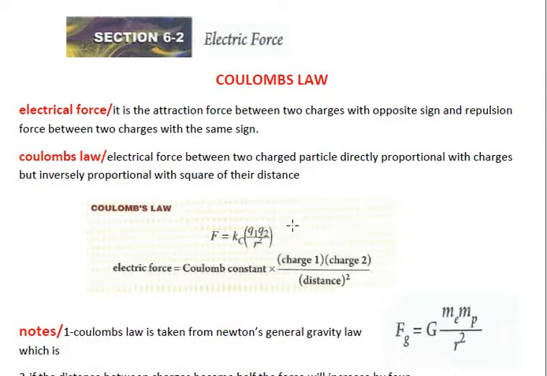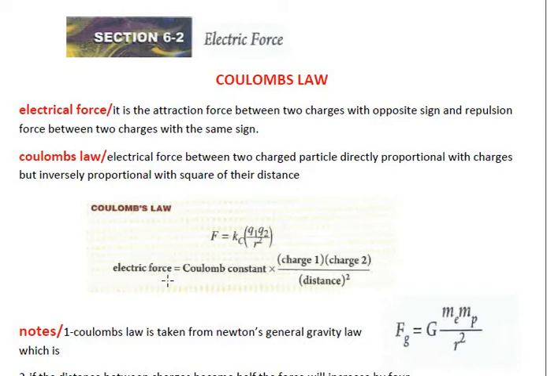It is directly proportional to the charge but inversely proportional to the distance between them. That's why this rule in general has two names: Coulomb's electrical force law, or the inverse square law, because we have a square here, the distance r squared.